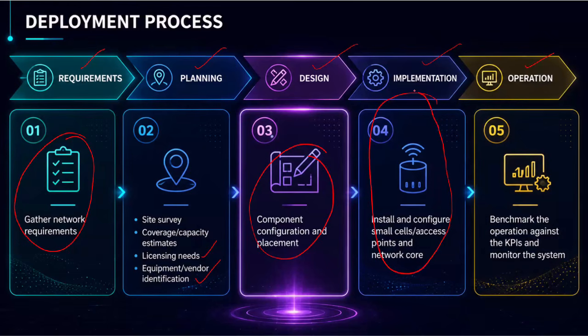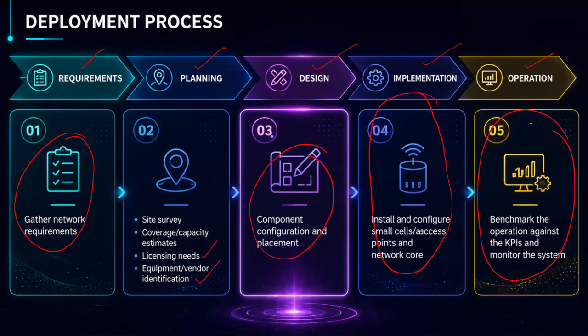And finally, we have operations. Once the network goes live, our job is not finished. We continuously monitor the network against the defined KPIs, identify performance issues, and optimize wherever required. So think of the end-to-end journey as requirements, planning, design, implementation, and operation.